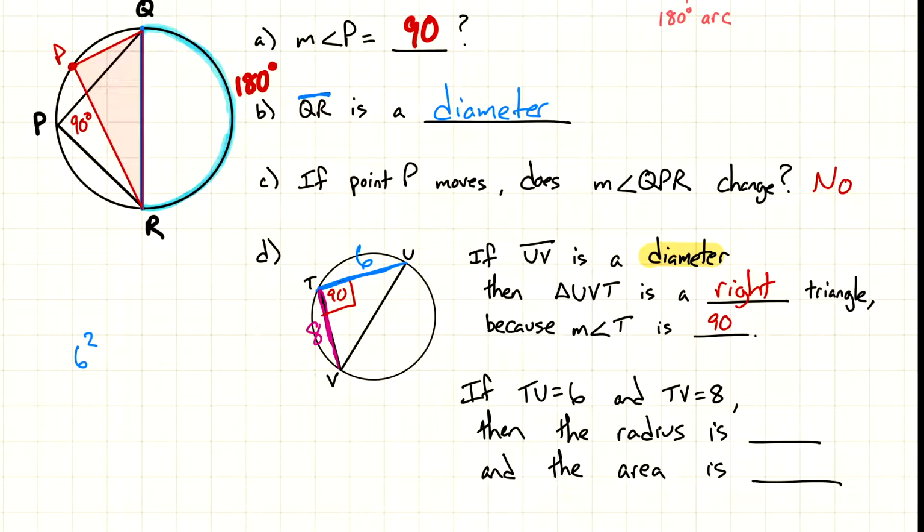This is going to be 6 squared plus 8 squared equals, let's say, UV squared. So I'll just use the letters UV. All right, so we want to know what UV is. Go ahead and calculate that. Let me know what is the diameter of this. So UV equals what?